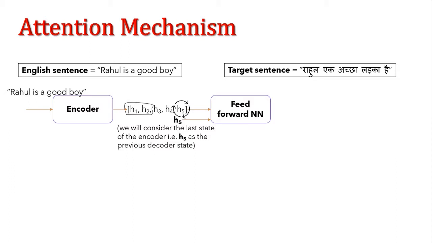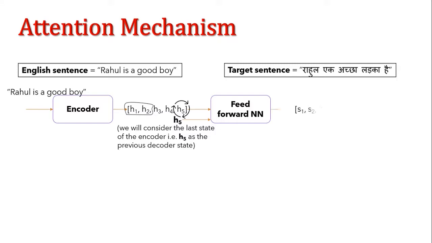Thus, we want our decoder to pay more attention to the states H1 and H2 while paying less attention to the remaining states of the encoder. For this reason, we will train a feed-forward neural network which will learn to identify relevant encoder states by generating a high score for the states for which attention is to be paid, while a low score for the states which are to be ignored.